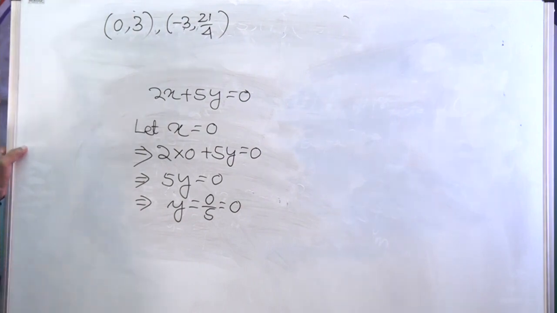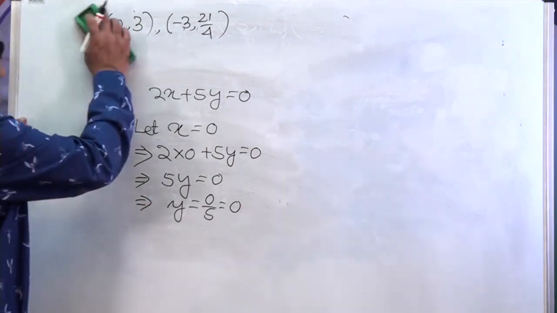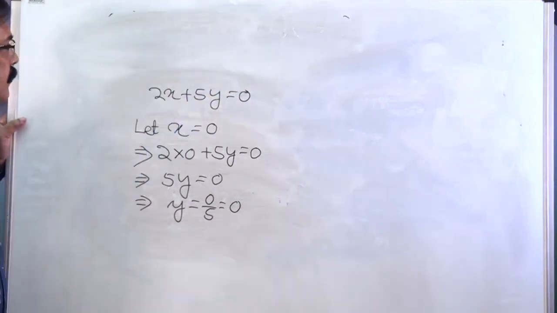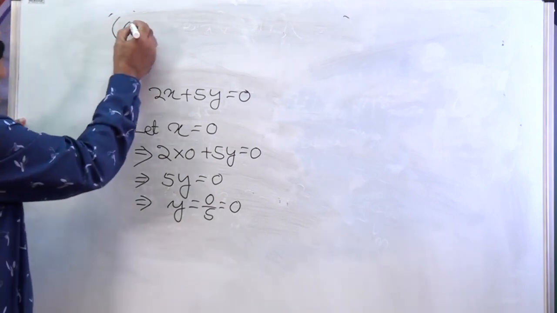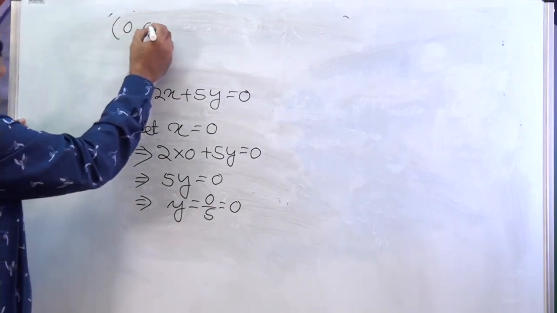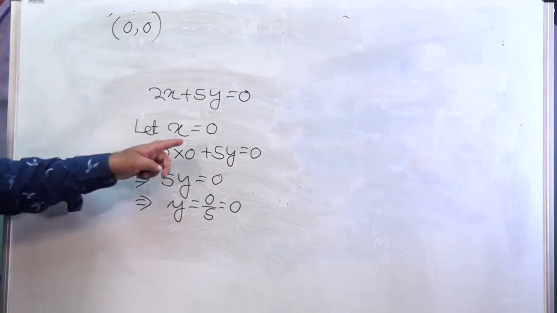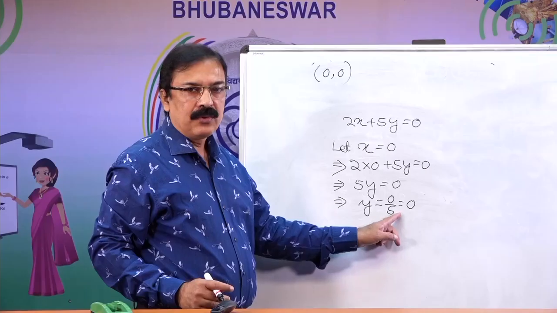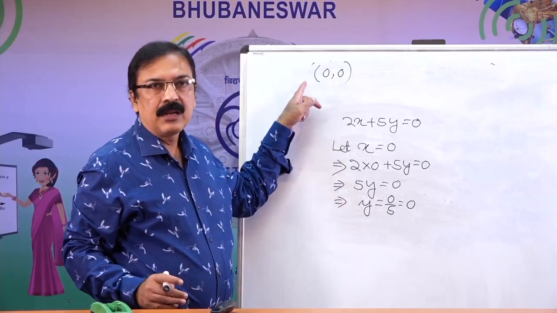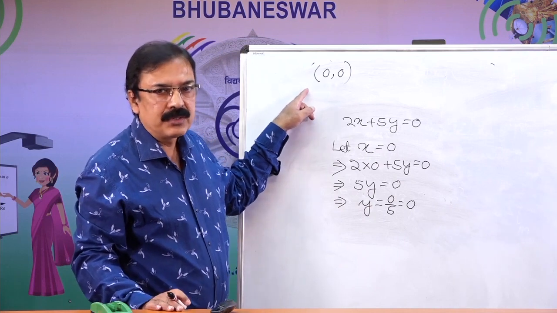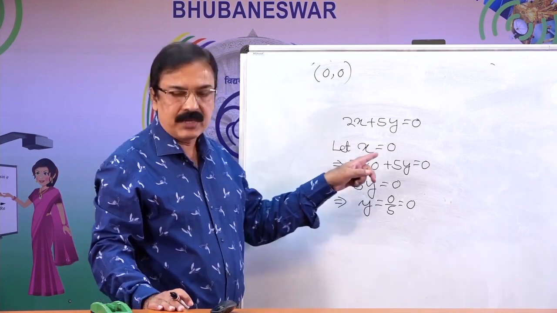So the solution of this equation is 0 and 0. The value of x is 0 and y is 0. Such a solution is called a trivial solution for this type of equation.